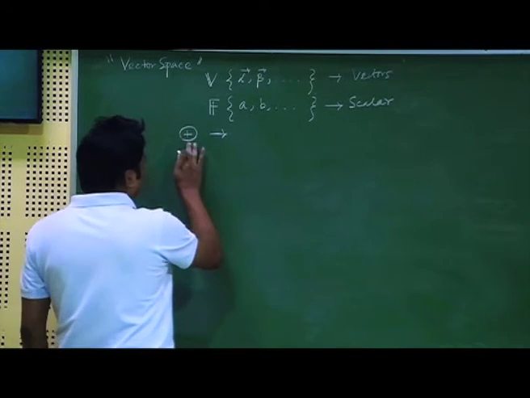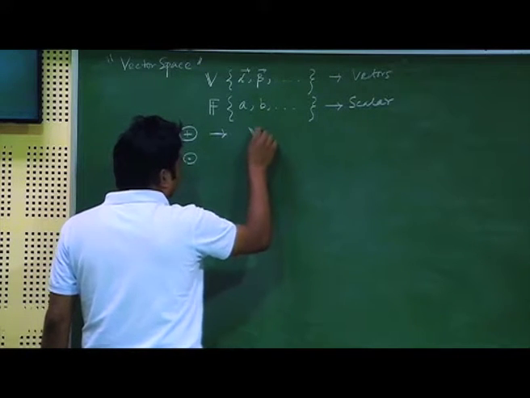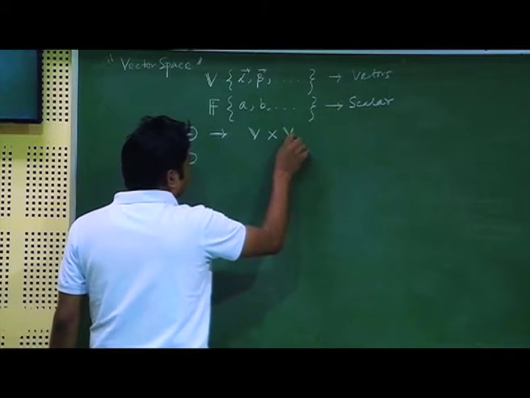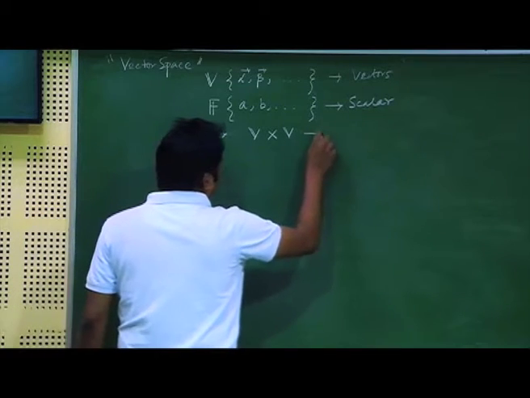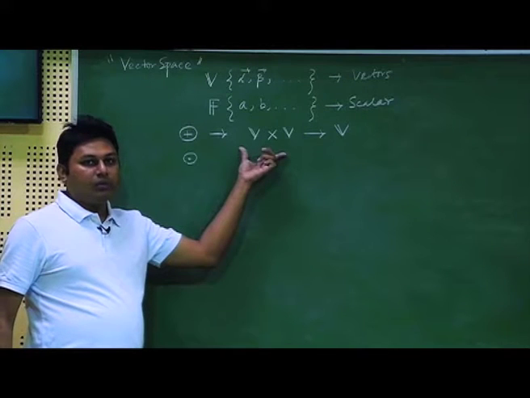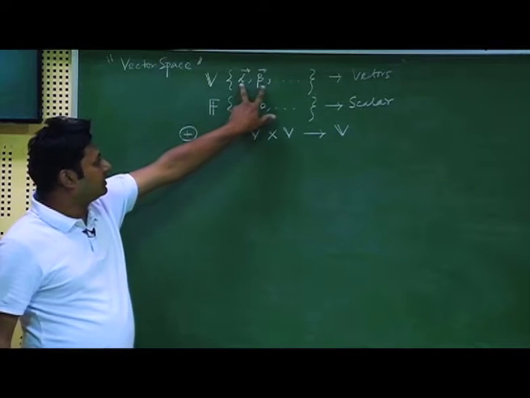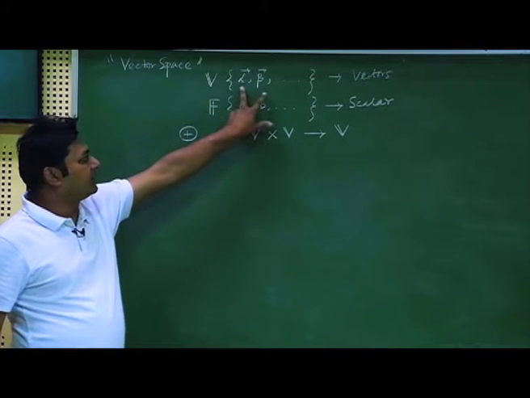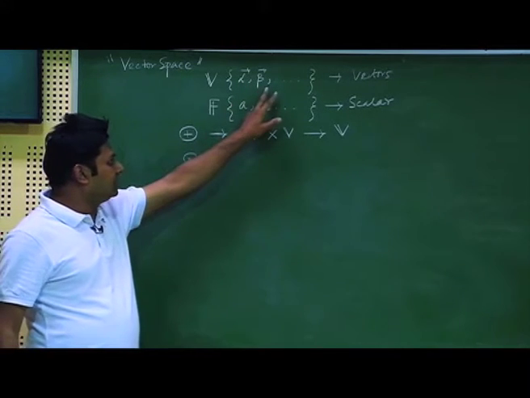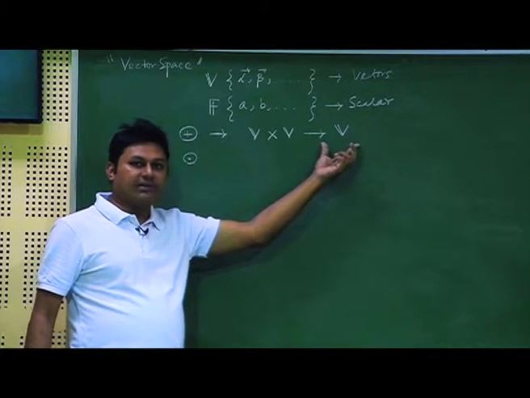So this rule suggests that if I take an element from the vectors and operate it with another vector, it will give me a vector. This is the way to write the rule. What is the rule of this plus? The plus rule is applied on this set of vectors. So I apply this plus over these elements, and whatever element I get as a result should be a vector itself.